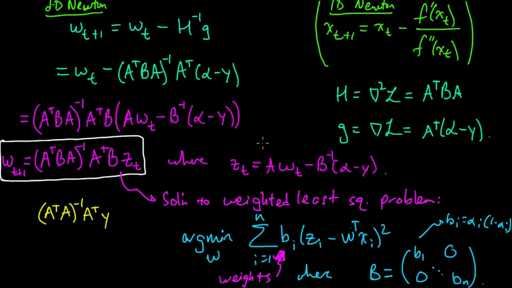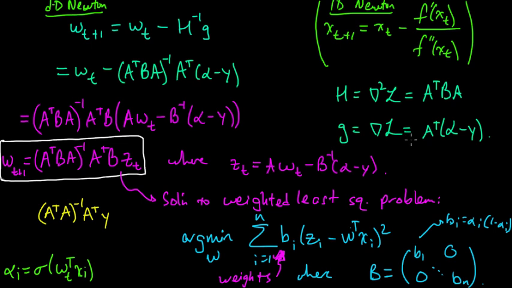And the reweighting is because at each step you get different b_i's, because remember the b_i's depend on these alpha_i's, and alpha_i was sigma of w transpose x_i, and we have a different w. This would be w_t at the t-th step.